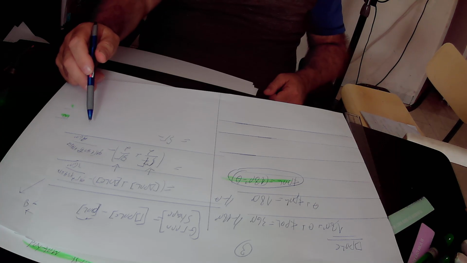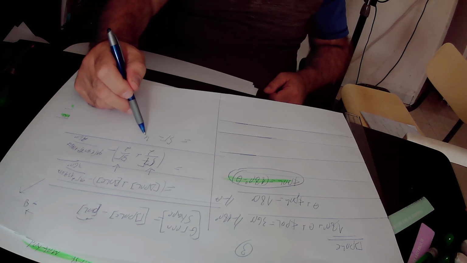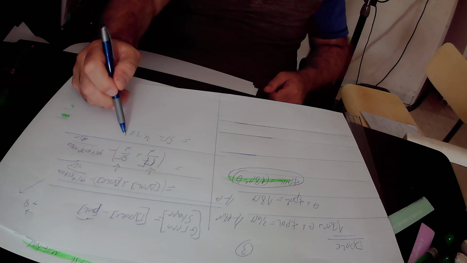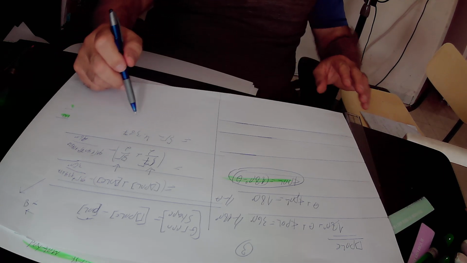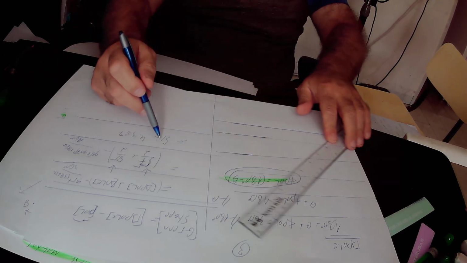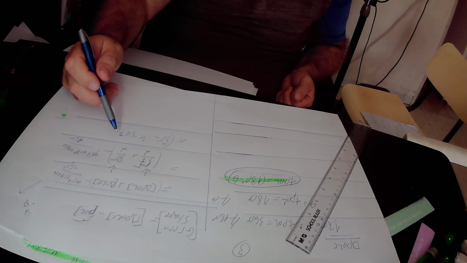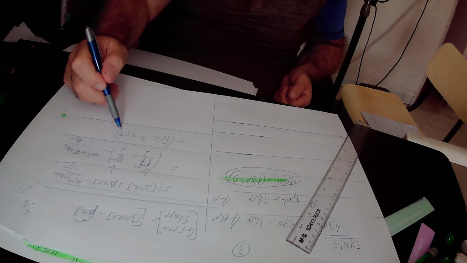In total, the value of this expression is equal to 4.387 square units. That is the sector POL. So in total, the green shape equals 5r minus 4.387.